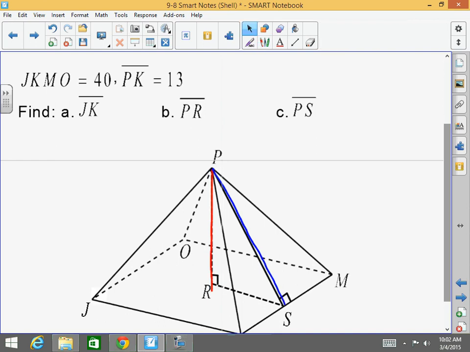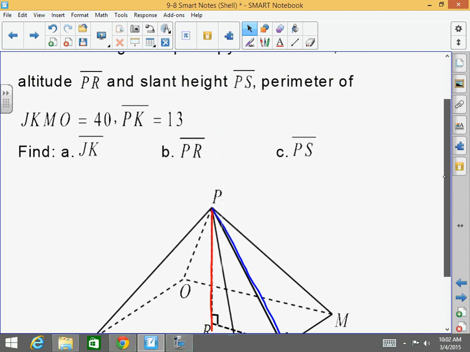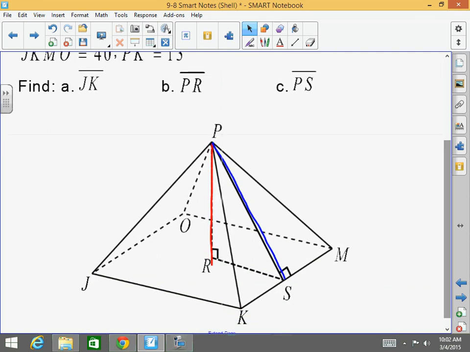JKMO is the base, and it has a perimeter of 40. So if a square has a perimeter of 40, that means each side is going to be 10. Very good. Right? Each side will be 10. You feel me here, guys?